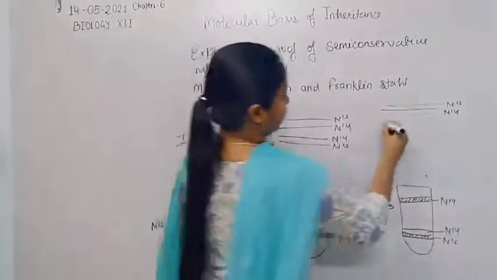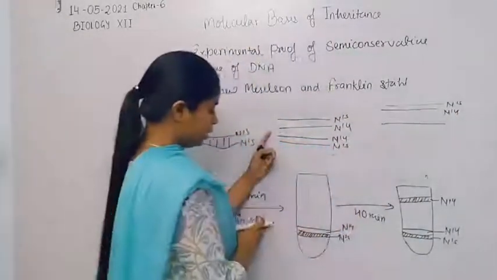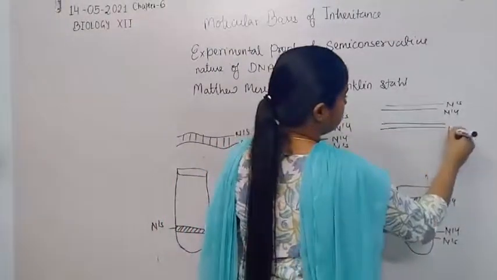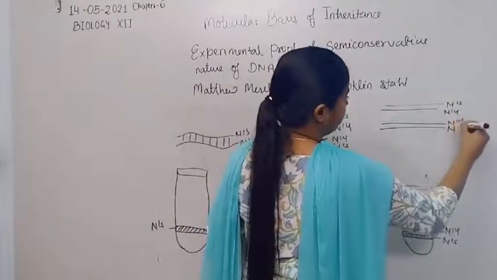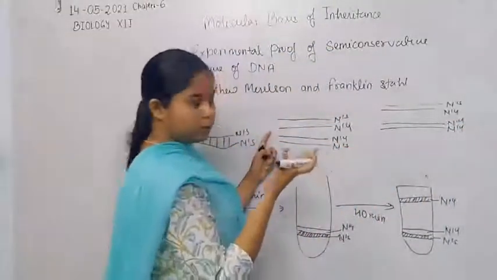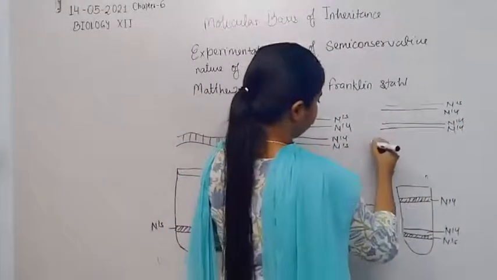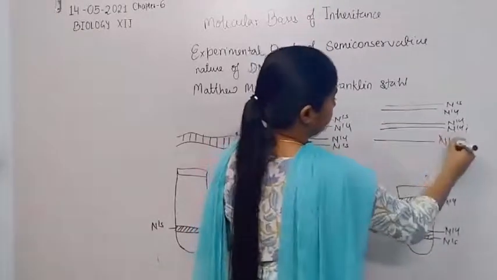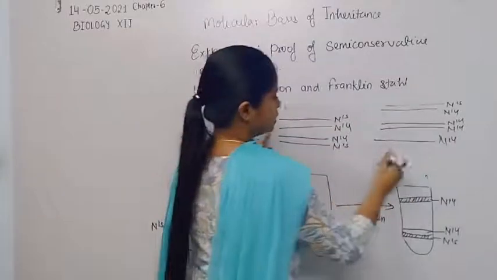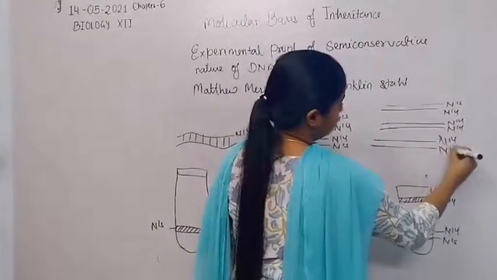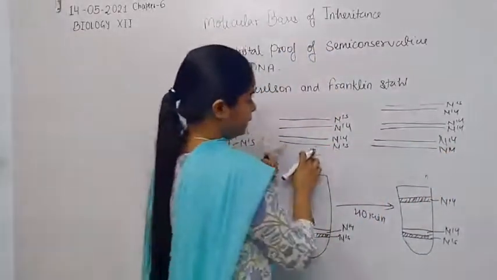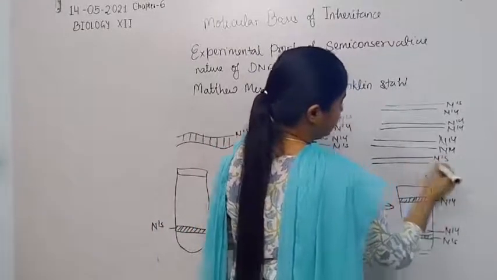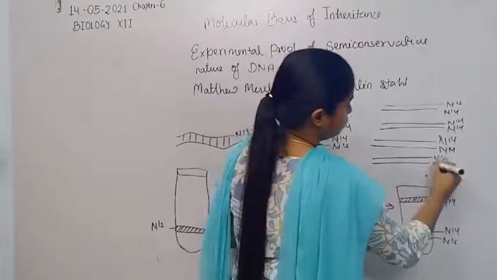Now here is the N14 parental strand, because they are present in the N14 medium. Both strands have N14 nitrogenous bases. This strand is N14 and the newly synthesized strand also has N14 nitrogen, and here is N15, and when newly synthesized DNA forms, it has N14.